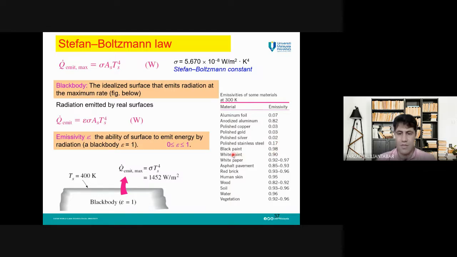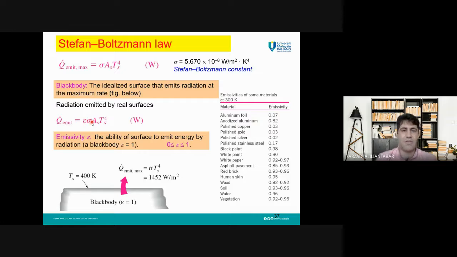And as you can see here, black paint and even white paint, you can see how different the emissivity is for different surfaces. This table is important, especially in different examples. The type of the surface will be given to you, for example. Then to calculate the radiation emitted by that surface, you need to use this emissivity in this equation. So emissivity is important.